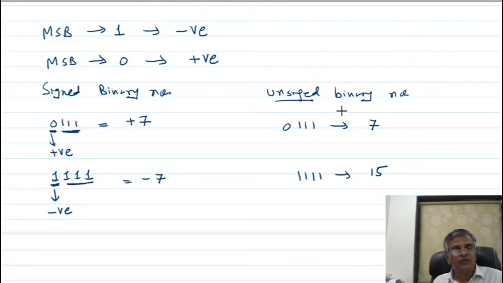So whenever you want to represent the sign of a binary number, the MSB is used.